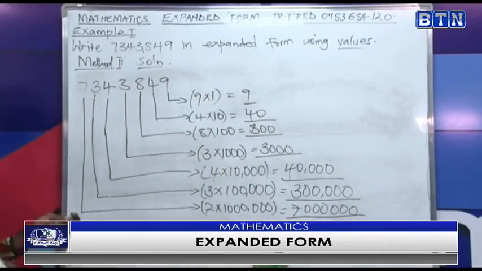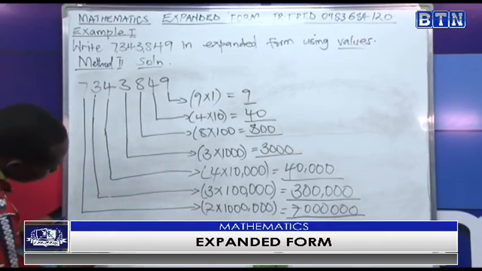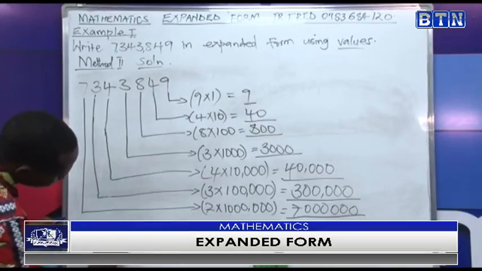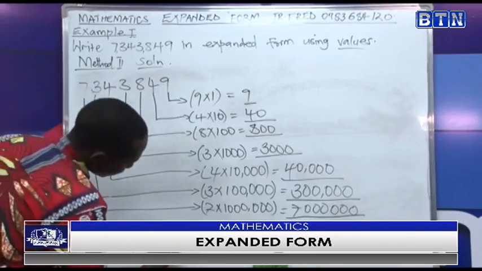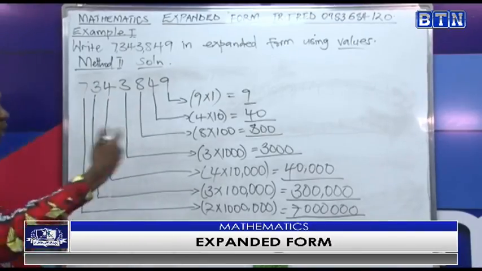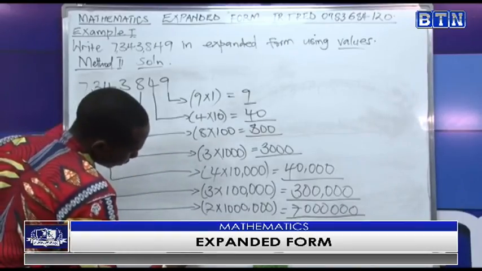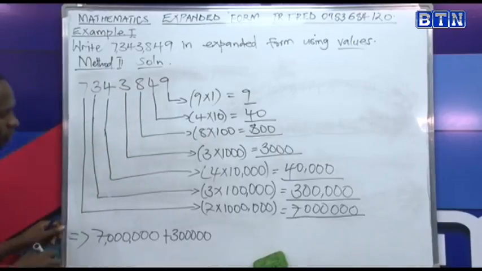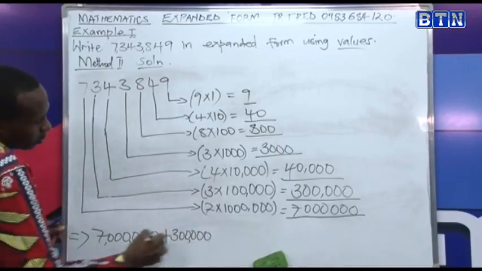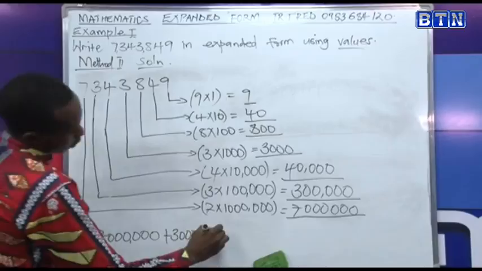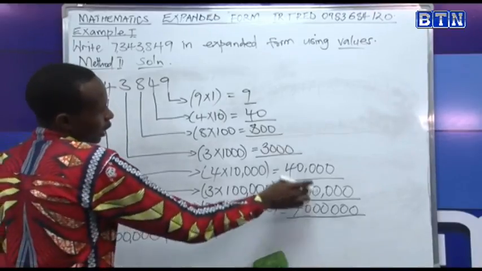Now after identifying those values, we shall write them in expansion by having 7 millions plus 300,000, plus 40,000, plus 3,000, plus 800, plus 40, and then lastly plus 9. We are now adding all these.